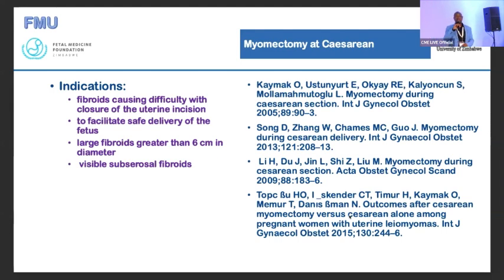For instance, the patient who was presented from the Botswana area in the morning, who had a stuck placenta which was morbidly stuck in the uterus because of the fibroid. The moment the fibroid was removed, the placenta just fell out. So you may be forced to do myomectomy at C-section in such a case. Large fibroids greater than 6 centimeters in diameter, visible subserosal fibroids.